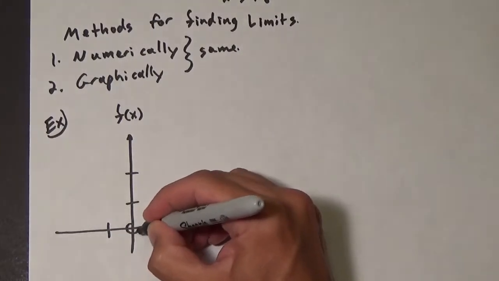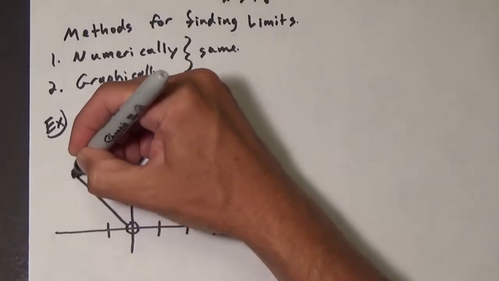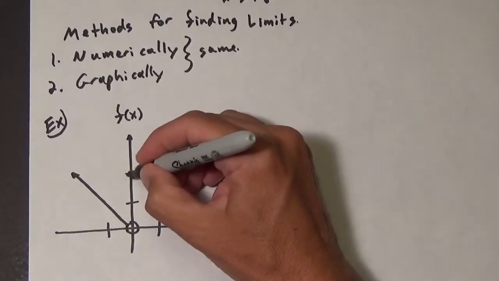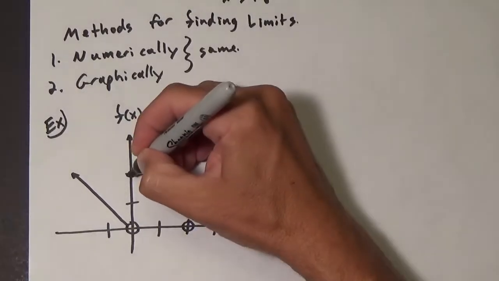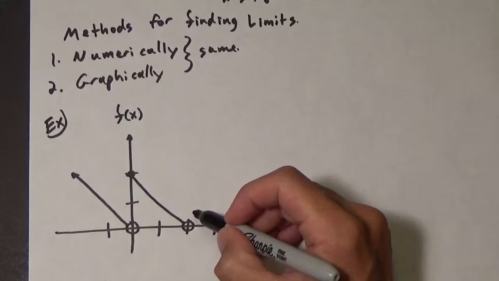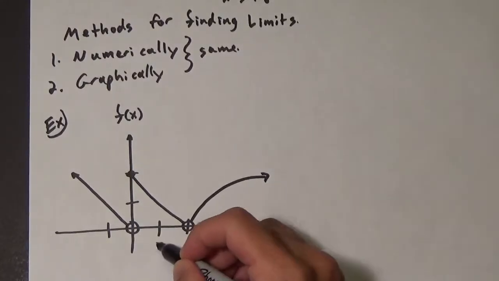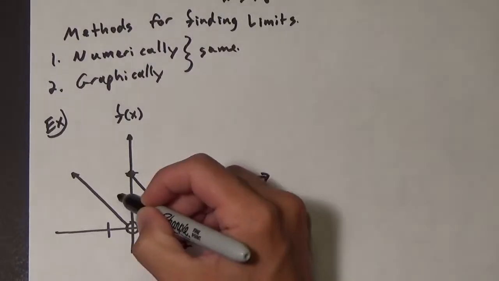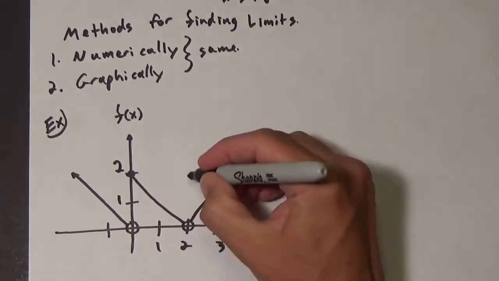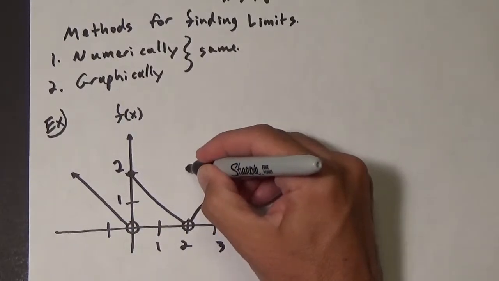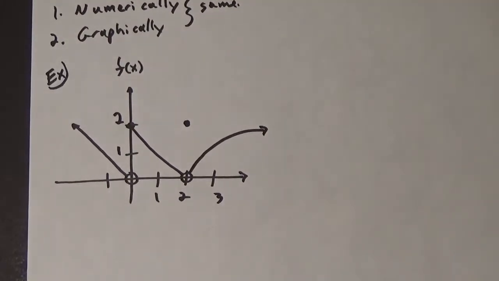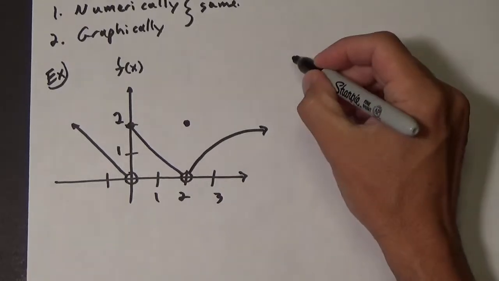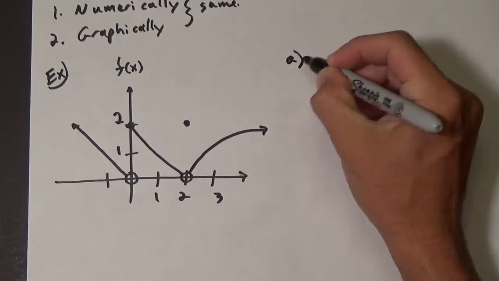So this graph is going to have a circle there, going out, dot there. All right, so here is our function, and we're going to answer a couple of questions based off of this function. So let's look at A.